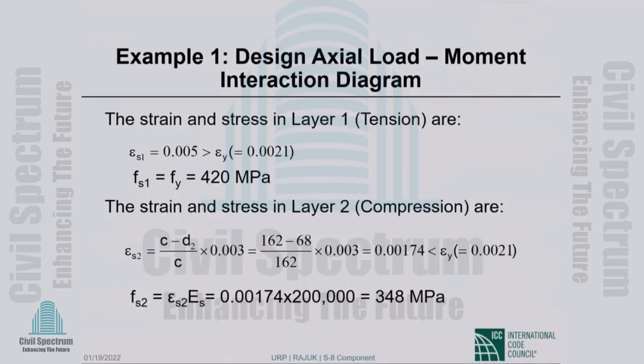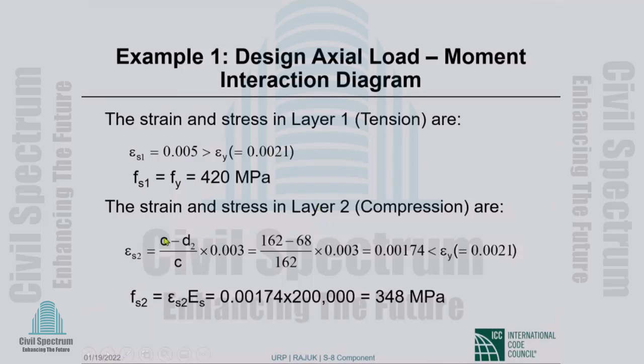The strain and stress in layer 1 by straight line strain distribution, or no, we don't even need that. The problem statement said the bottom layer of steel has a strain of 0.005, which is larger than the yield strain. So the stress in that steel is 420 MPa.